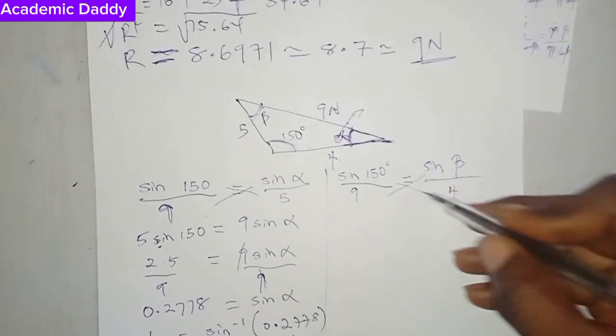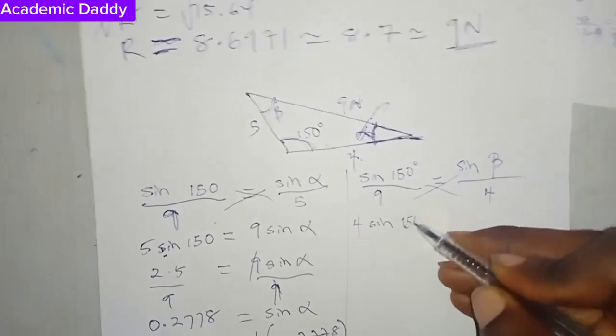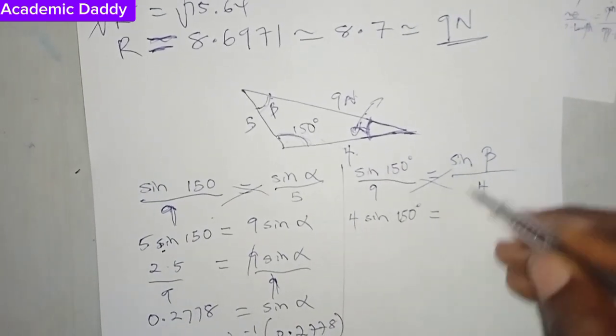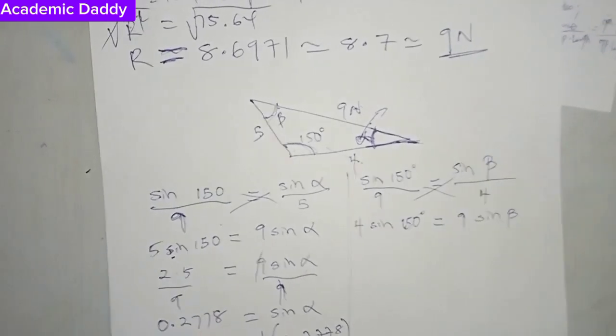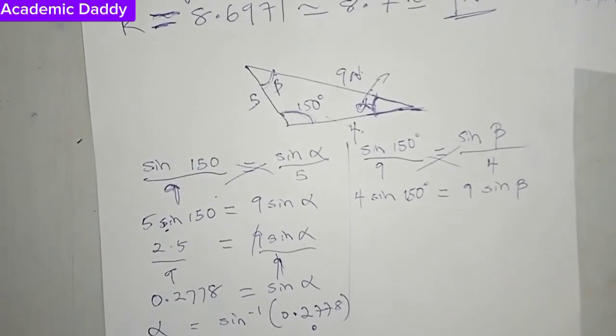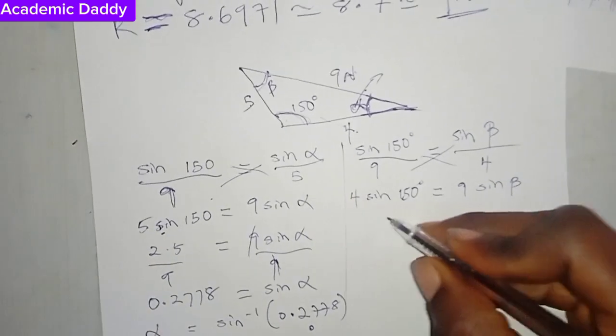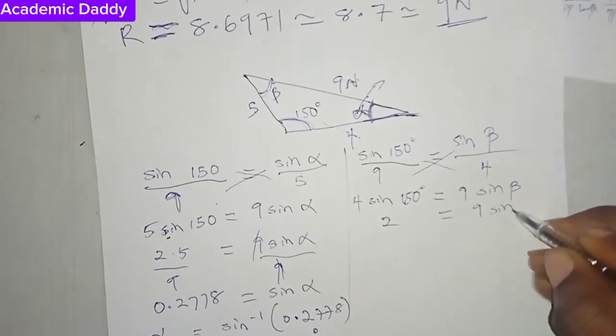By the time you cross multiply, you have 4 sine 150 degrees equal to 9 sine beta, and 4 sine 150 is 2.